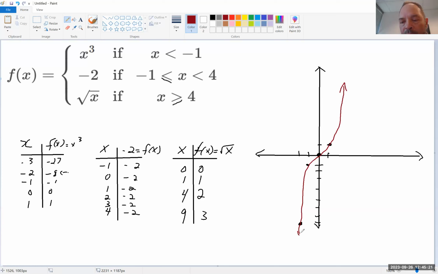Even though it's not perfectly drawn, it's also important for me to point out that the part that matters is actually this part from -1 this way, and it's going left.